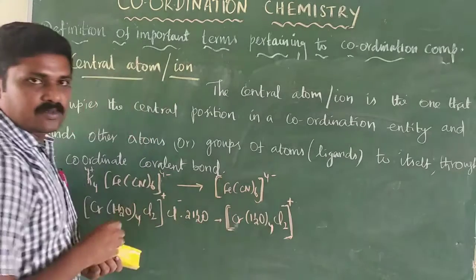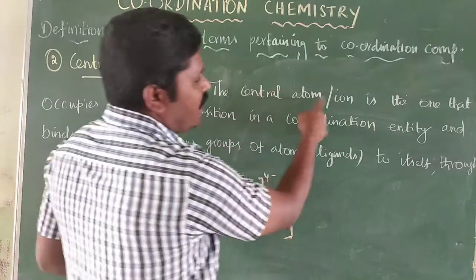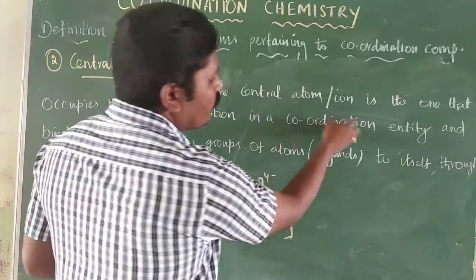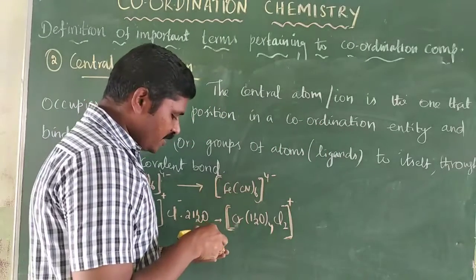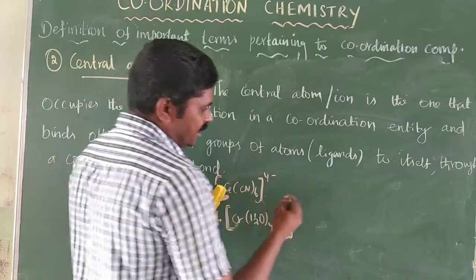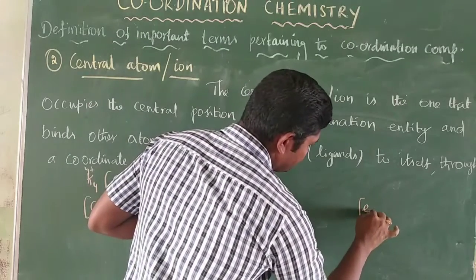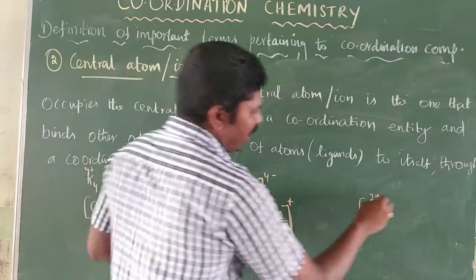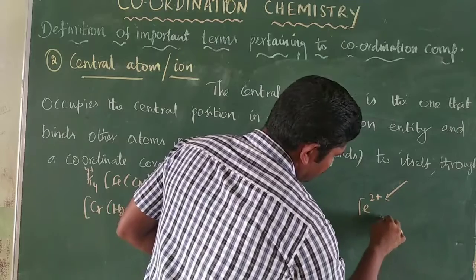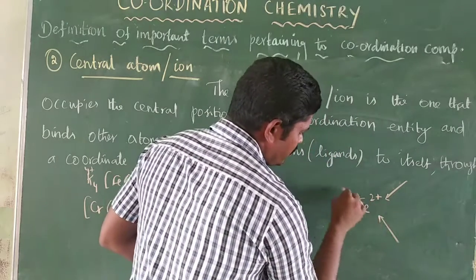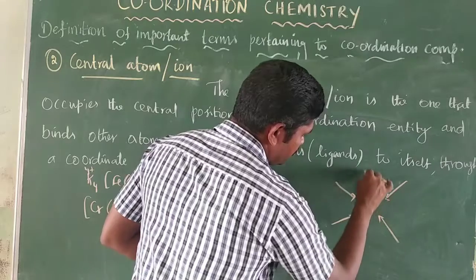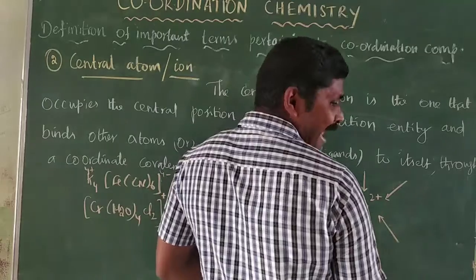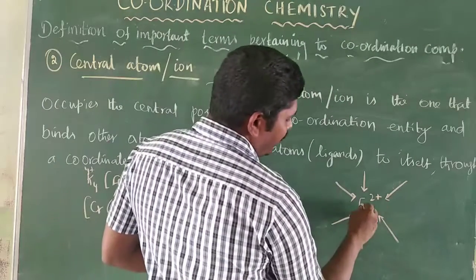The central atom or ion is the one that occupies the central position in a coordination entity, right? The structure of the coordination entity: Fe 2 plus, 6 minus, 2 plus. Okay. Coordinate covalent bond, right? A pair of electrons is donated from one atom to the other.